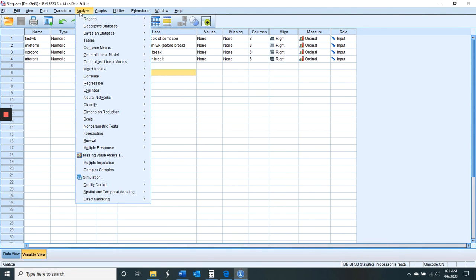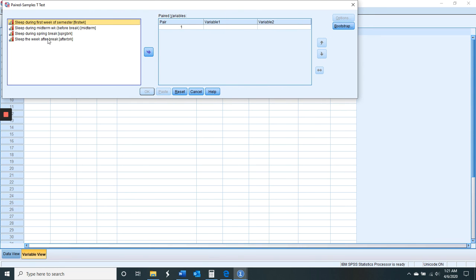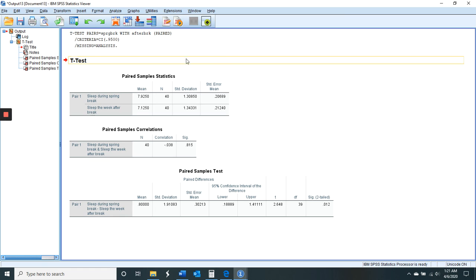Then the second one that we did was analyze, compare means, paired t-test. I want to reset this. I'll drag this so it's easier to see. Comparing sleep during spring break versus sleep the week after spring break. So again, you have your descriptive stuff here and your t-test here.